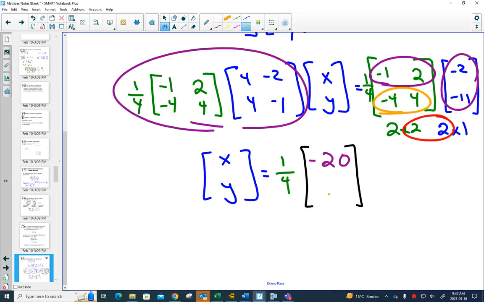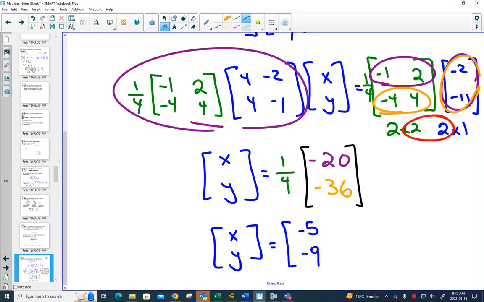If I take row 2 times column 2, I'm going to get 8 minus 44, which is -36. So I would do the 1/4 last just so you're not dealing with fractions. Now you can multiply that 1/4 in, and you would get -5 there and -9 there.